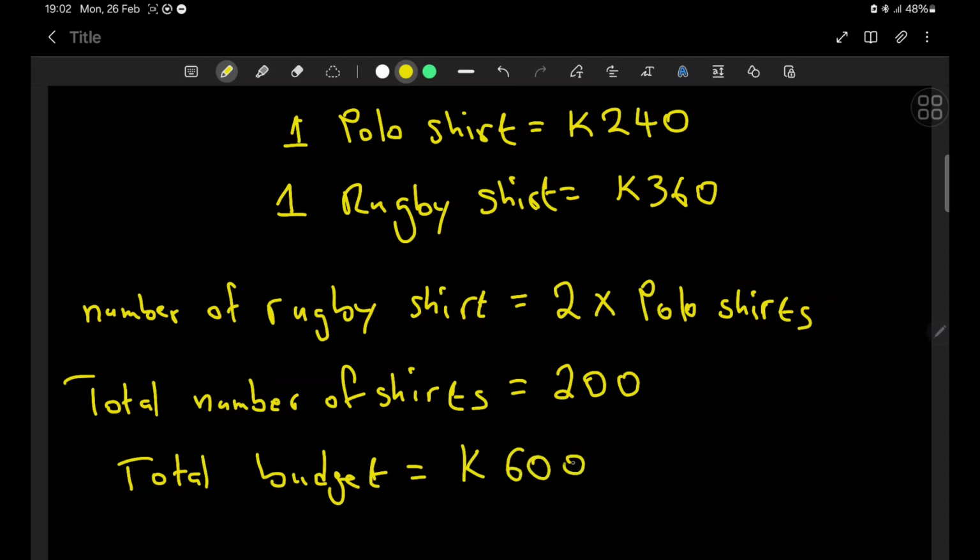So we just listed down our full data that is given in our question. So now I want to find how many of each type of shirt we should buy.